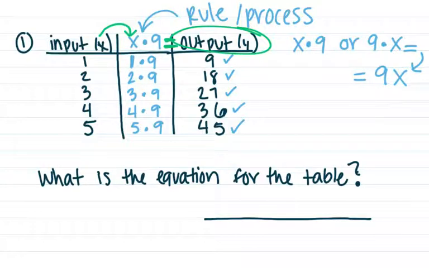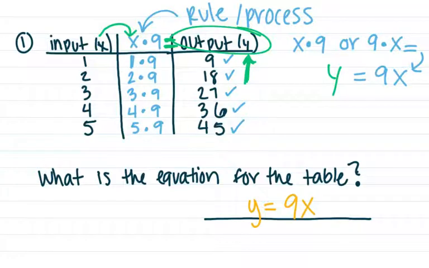Maybe you didn't notice, but we actually have a second letter now in our table, a second variable. Our outputs are represented by the letter y. And so what does our rule, that 9x, equal? 9x equals our y. So this is what our symbols would look like, and that would be my equation. y equals 9 times x, or 9x.